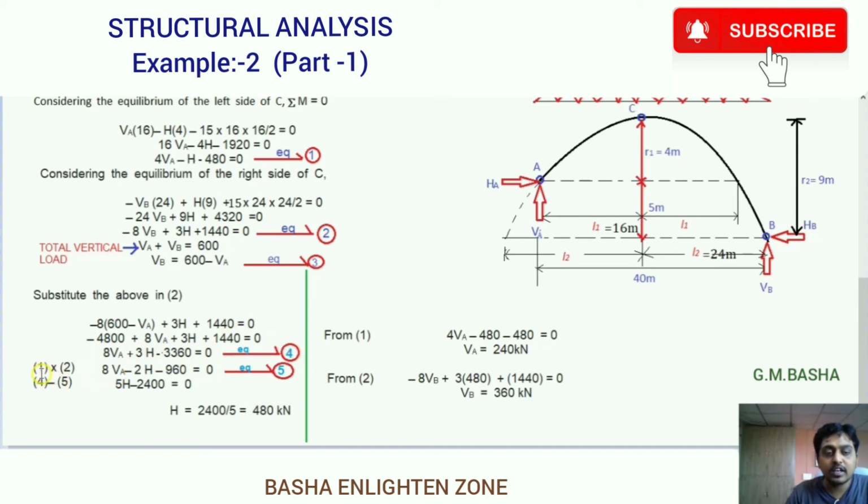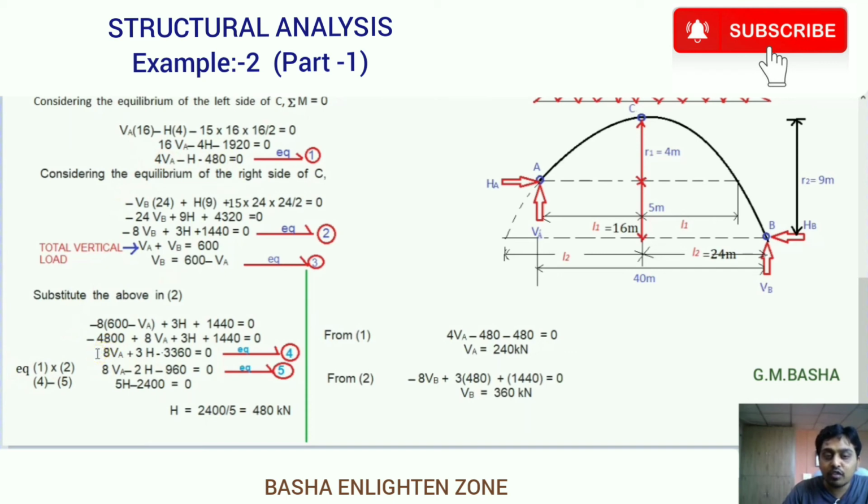After that, multiplying equation 1 with 2. So don't take down equation 1 into 2. So here multiplying this equation 1 with numerical value 2. Here the value will be equal to 4VA minus H minus 480.